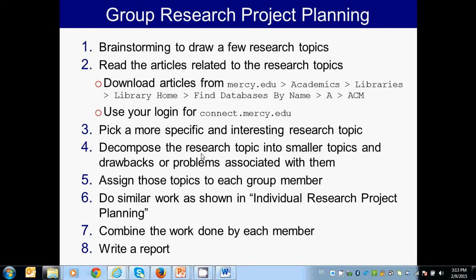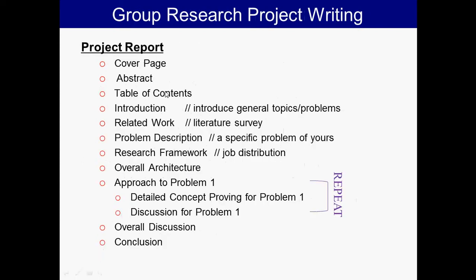But at any moment, if you need to confirm with your group members, or you need to use the outcome of your members' ideas, then you can also use them. So you have to do a lot of interaction among the group members. All right. Finally, you can write up. So these are the reports.